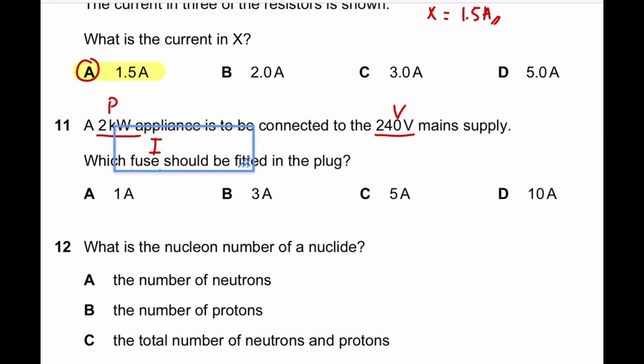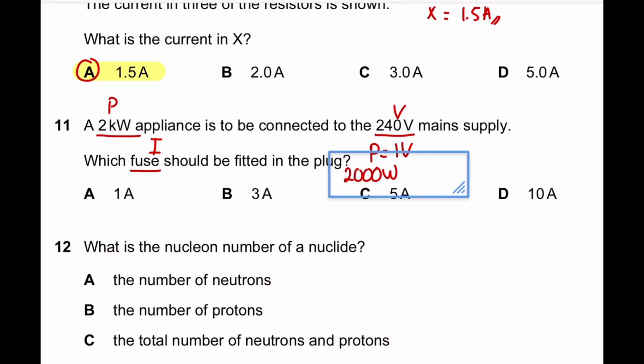Fuse always relates to current or I. Now we can use the formula P equals IV. We know P is 2 kilowatts, which we have to convert to watts, which will give you 2000 watts. We don't know I, so just let it be there.